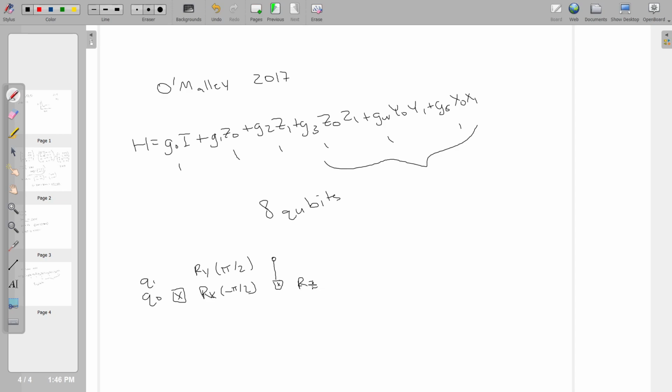That's an RZ right here. That's the one parameter. And they do another C0 gate, and then they have Ry negative pi over 2, Rx pi over 2, and then they have the measurements out here.